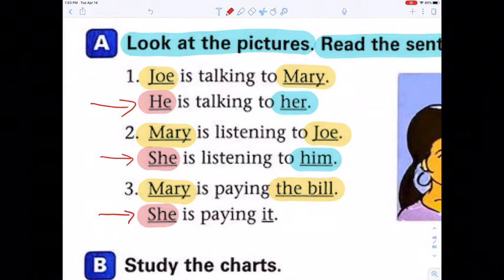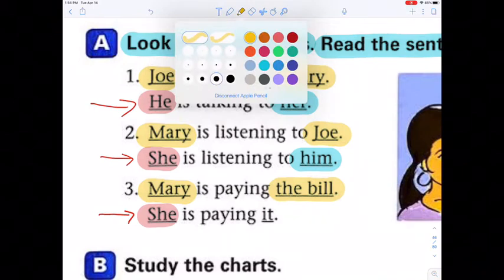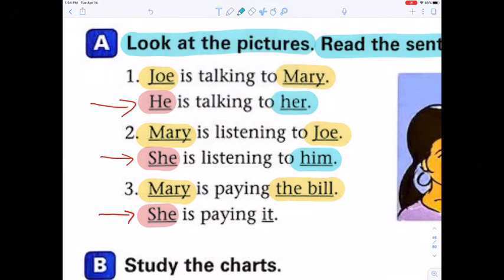She is paying it. So who is the subject? Who is doing it? She. She is paying. But now we need to say, okay, what is receiving the action? What is she paying? Well, she's paying it.